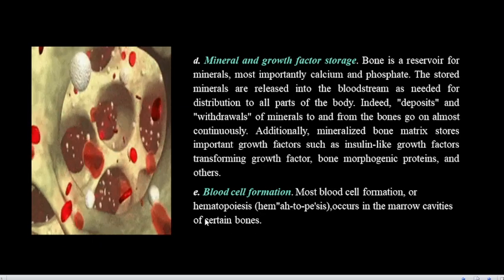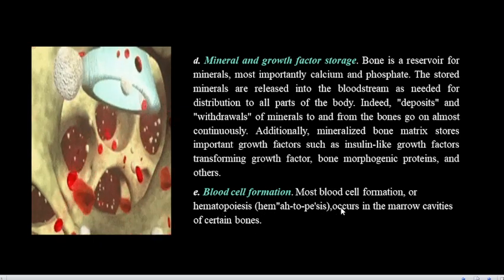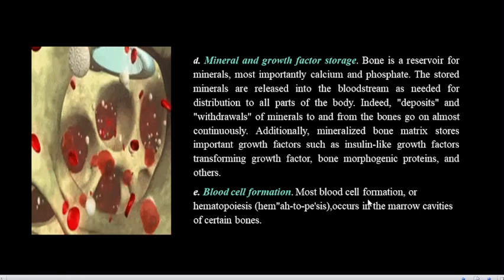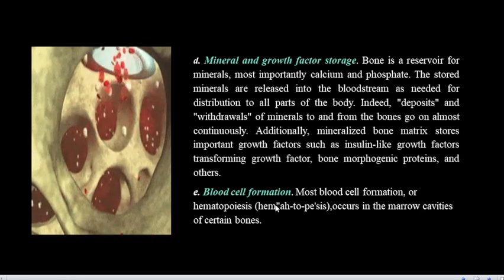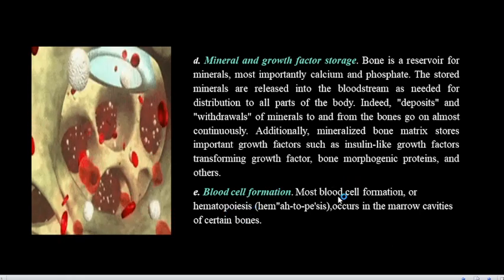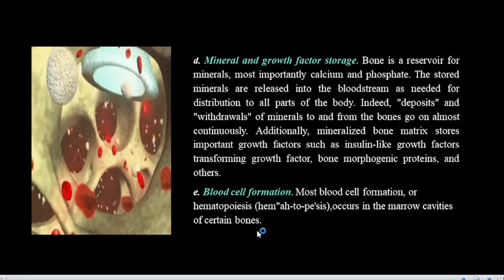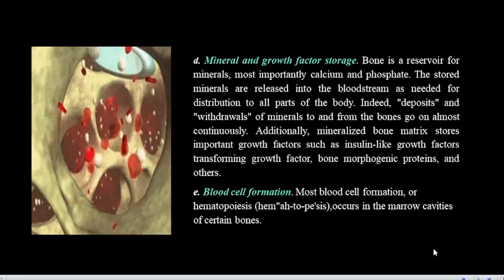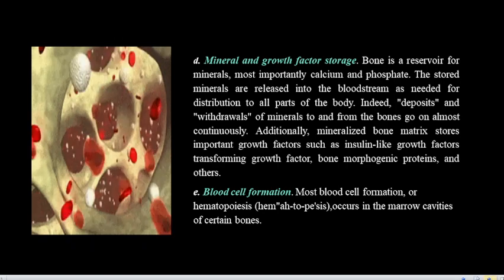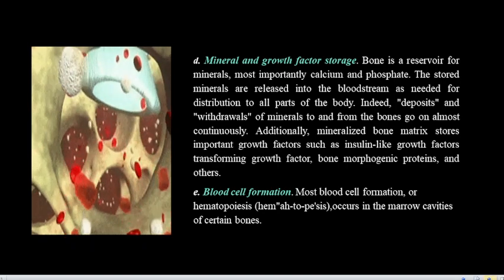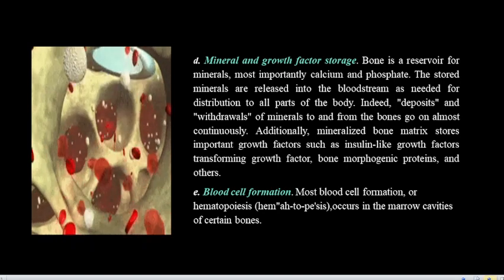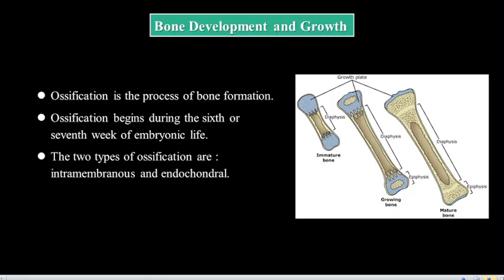Or when you say hematopoiesis, this is the formation of your blood cells. So, yan ang term niya ha. Scientific term ng formation ng different types of blood cells. Hematopoiesis. Okay, so nangyayari yan sa loob ng bone marrow. And your bone marrow is found inside the bones.